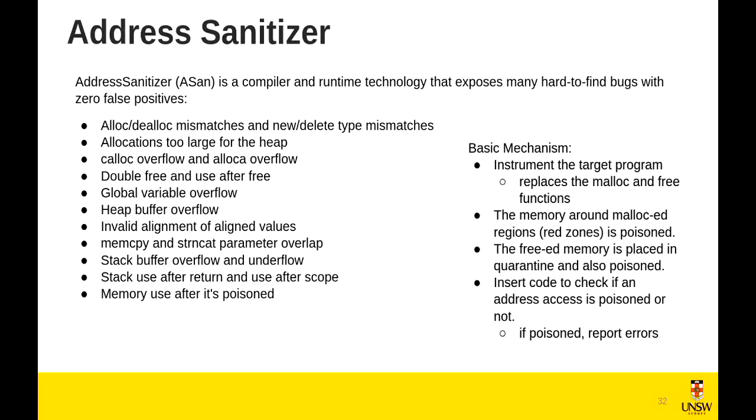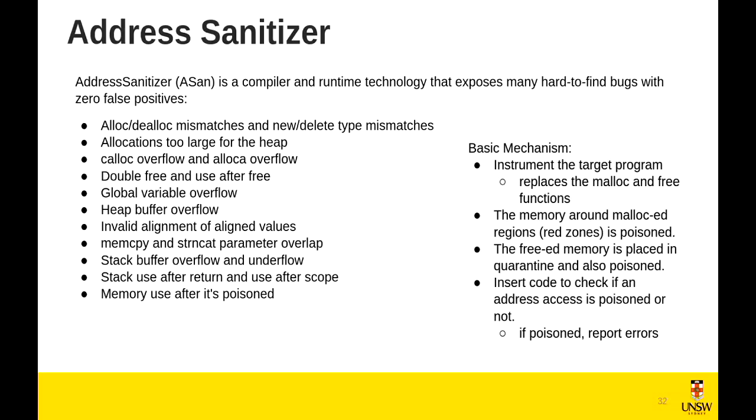Whenever a red zone or poisoned memory location is accessed, where access means read or write, it will report an error. This means that this instrumentation will try to isolate or surround the allocated memory with red zones.